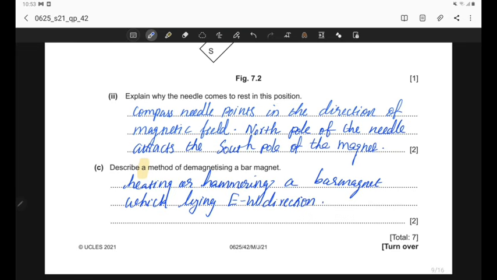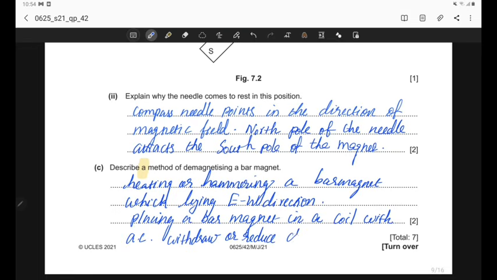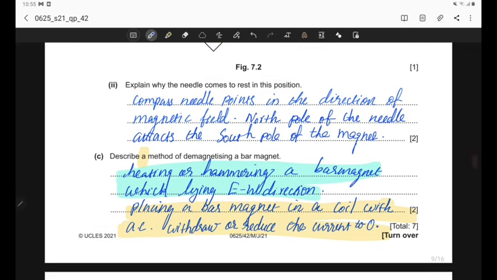Or I am writing the other method also: placing a bar magnet in a coil with AC, alternating current, and withdraw or reduce the current to 0. These are two different methods, but you need to learn both the methods when you prepare for the exam. Because in some papers you can see you need to answer both the methods.